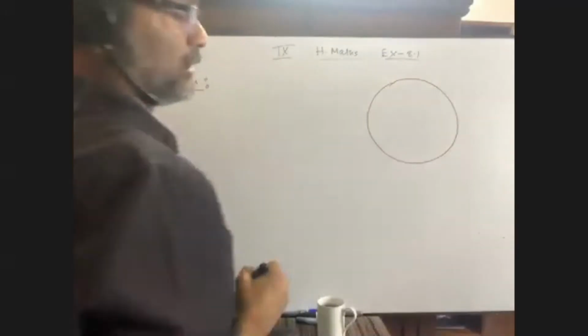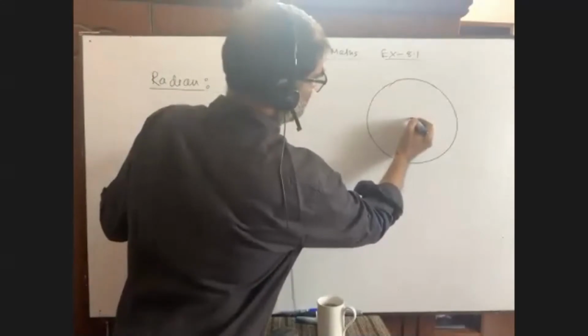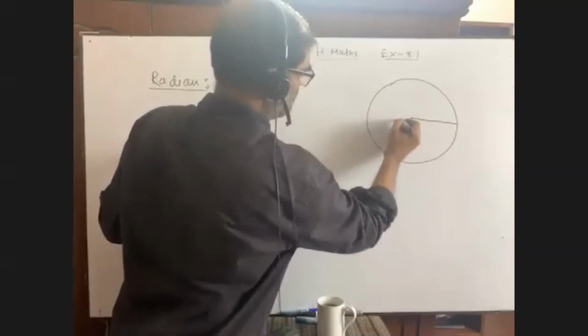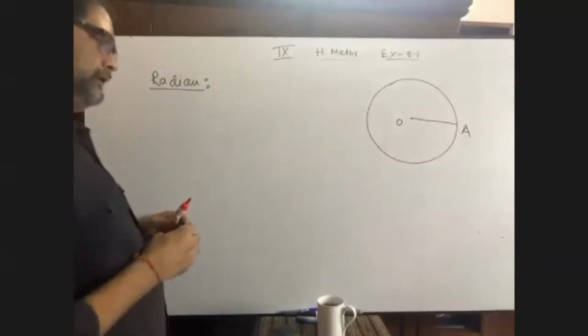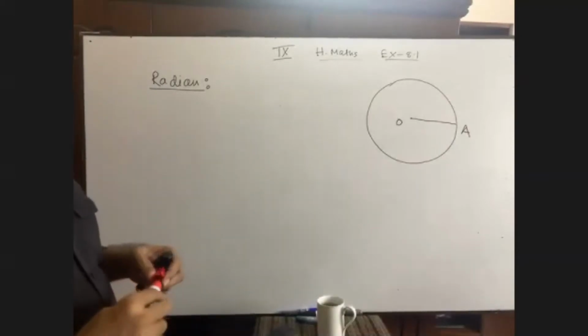You draw a circle, all of you. Please draw a circle, at least one of you. Take a radius. It is necessary to draw the circle.